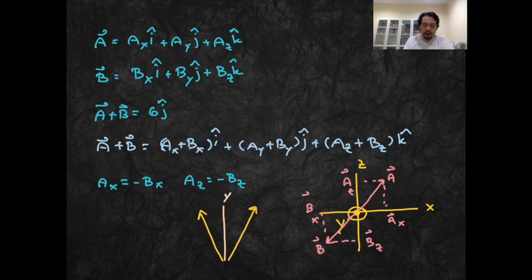This is the meaning that we say that A and B are symmetric along the y-axis, right? Look at these two figures together. If the vector A has the angle theta with respect to the y-axis, and B has the angle theta with respect to the y-axis, it means that the angle between A and B is 2 theta.